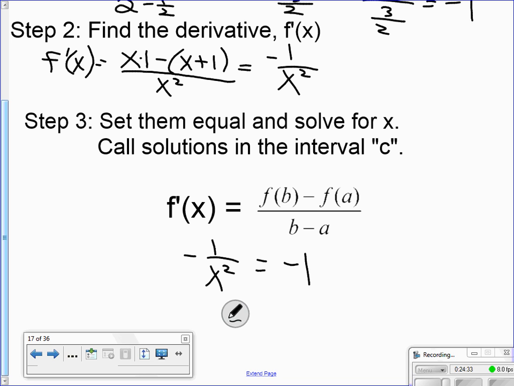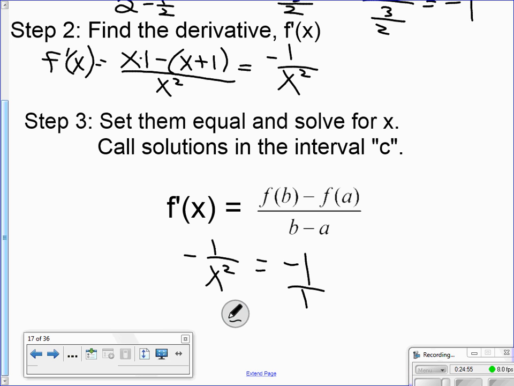How would you solve that? Okay, we can get a common denominator. You can cross multiply. Okay, we could do that.